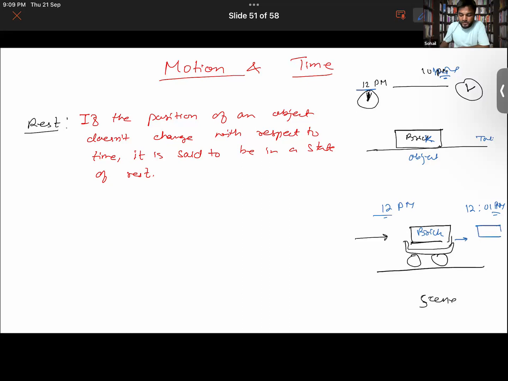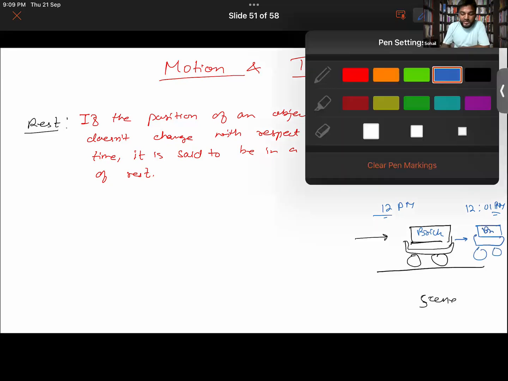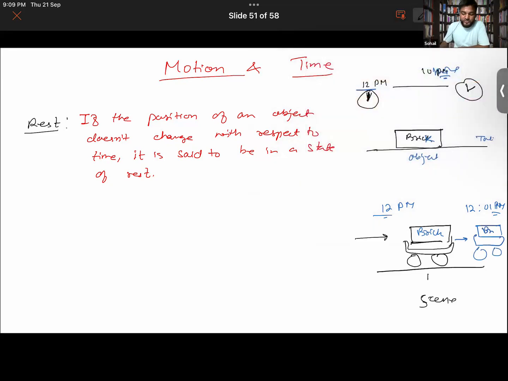The brick is now lying here. So here you see the time was increasing, while the position has also changed from point A to point B. This cart carrying the brick has moved from point A to point B.